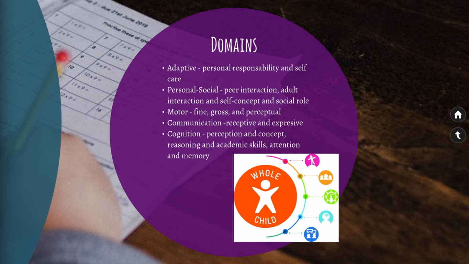The personal domain assesses the ability and characteristics that allows a child to engage in meaningful social interactions with adults and peers and to develop his or her self-concept and sense of social role. Some examples of adult interaction are if the child is aware of and identifies familiar people, helps an adult with simple tasks.